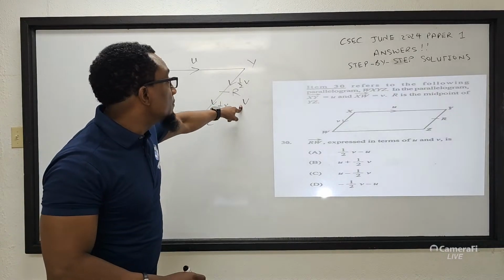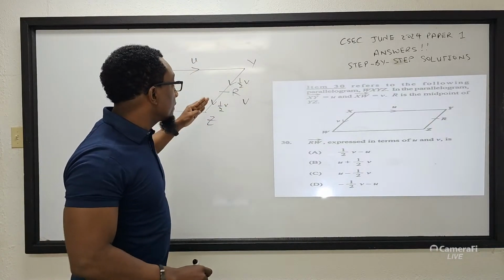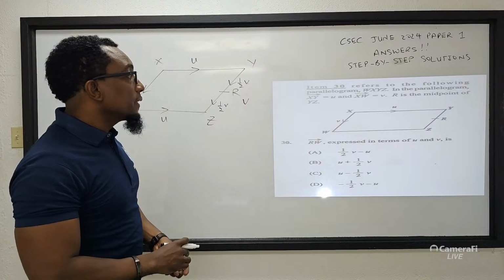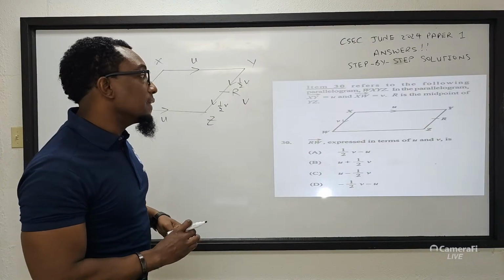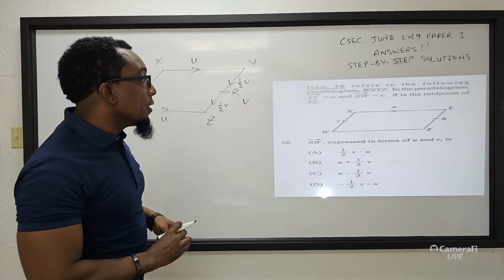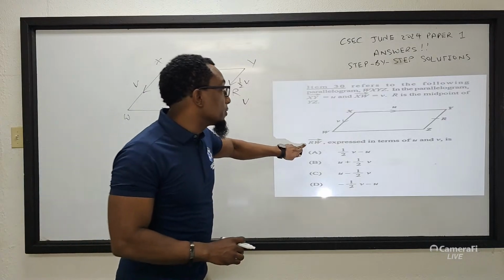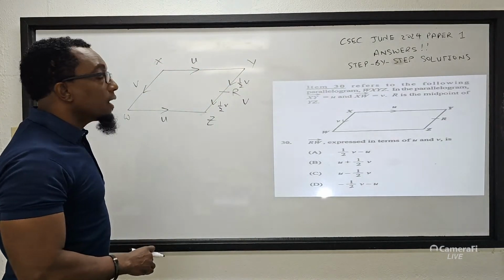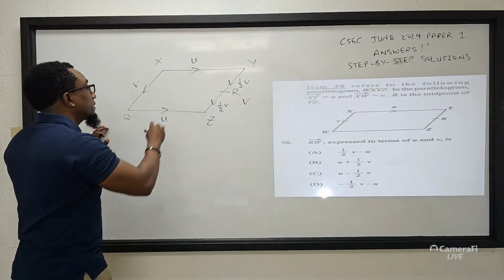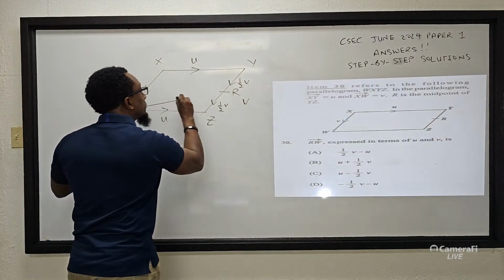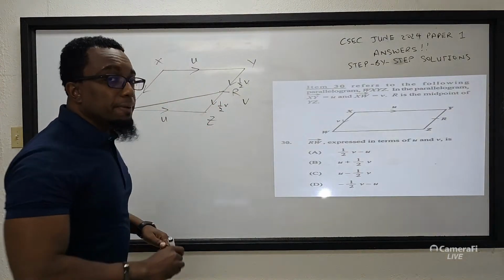And it will divide the magnitude of the vector YZ in half. So with all the information placed on the diagram, they want us to now find vector RW. So vector RW will be found by connecting R to W. So that's a vector you want to find.